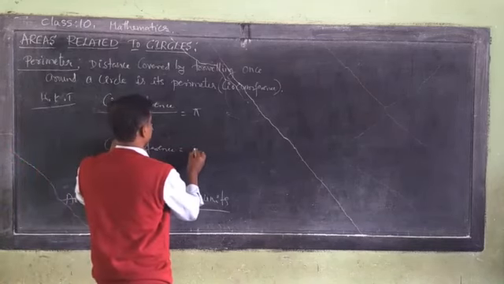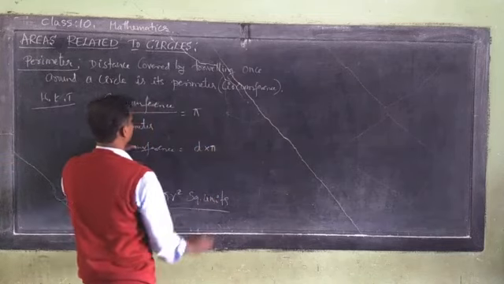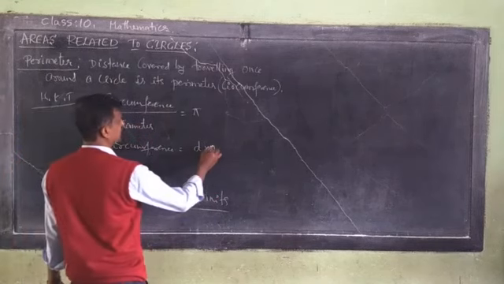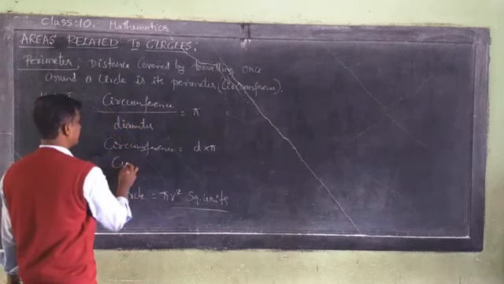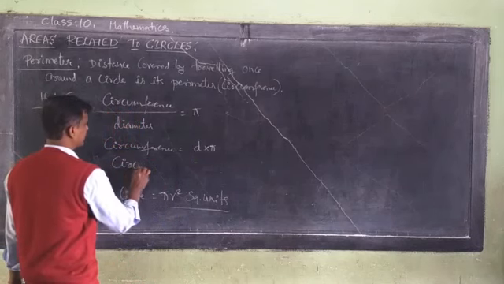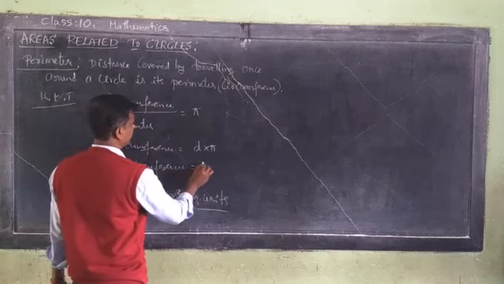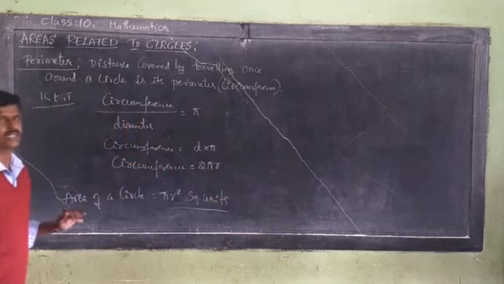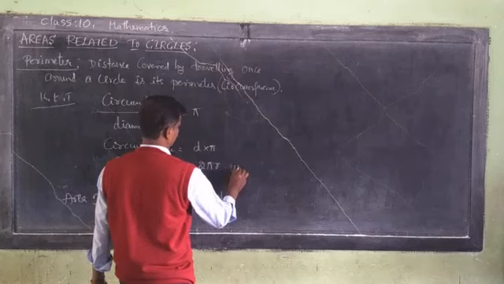Diameter is always twice the radius. Therefore, circumference is equal to 2 pi r. The circumference of the circle is equal to 2 pi r units.